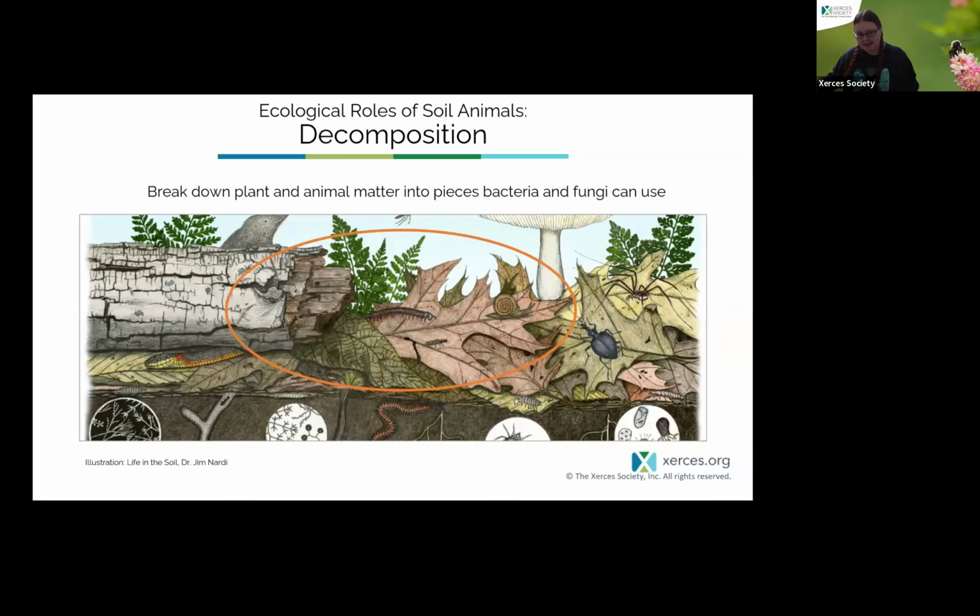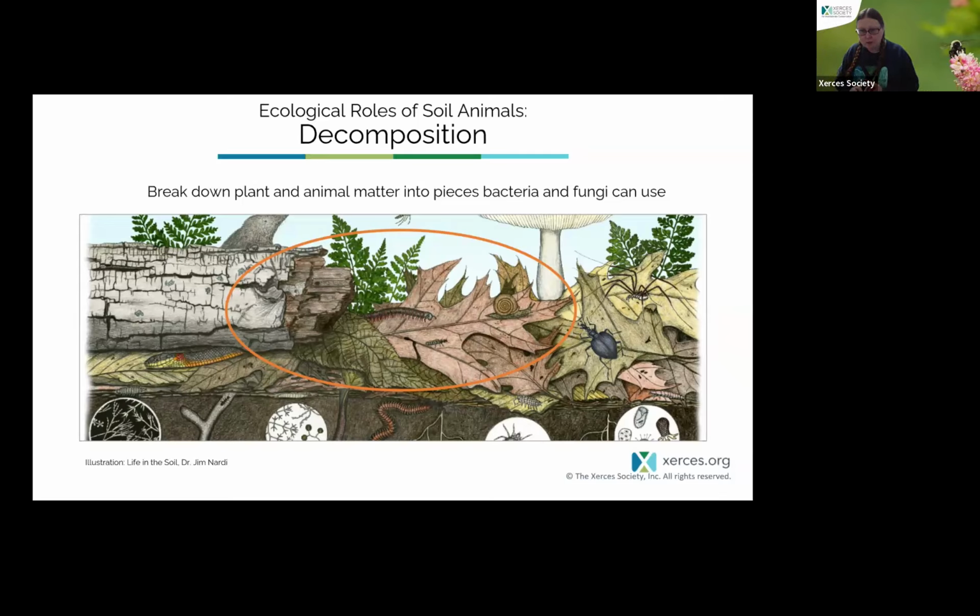Decomposition. A lot of these animals play a really important role in breaking down plant and animal matter into pieces bacteria and fungi can use. They break that down into smaller particles, and it creates more niches for pores for bacteria to occupy as they move and tunnel through the soil.